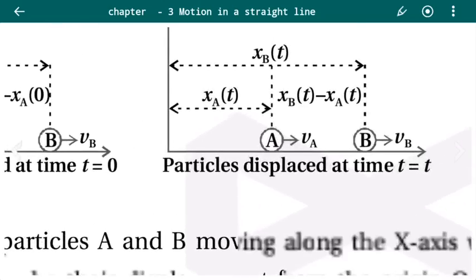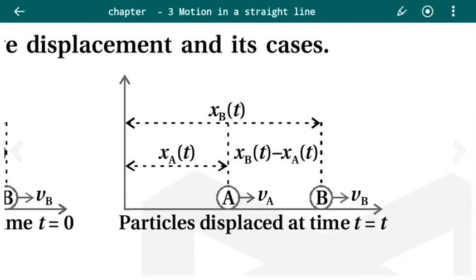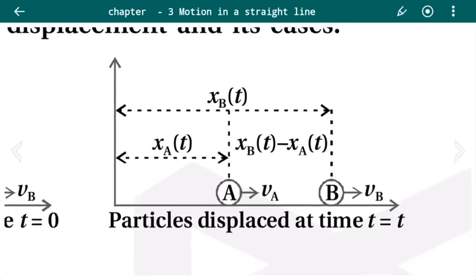Now here, as you can see in figure 2, the particles are displaced at time t equals t. That means after time t, where will be the positions of the particles A and B?